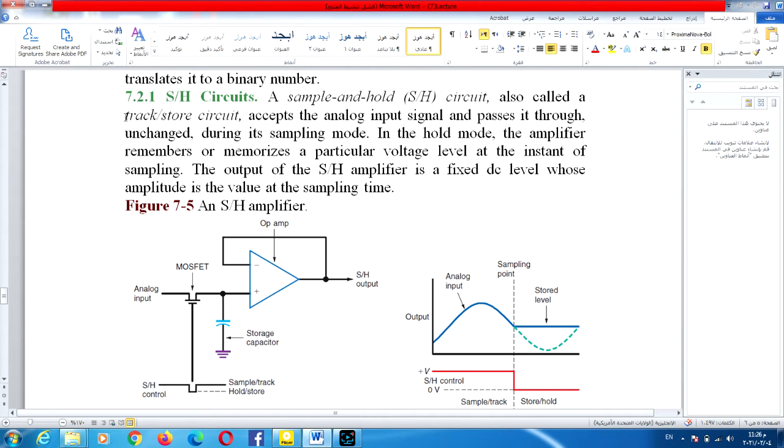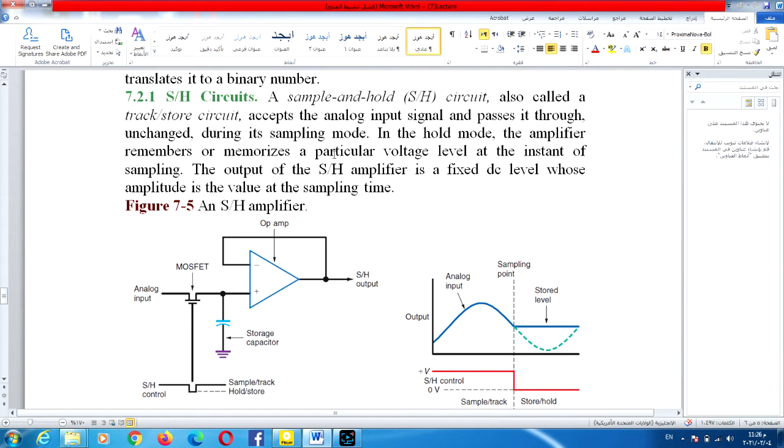It is sometimes called a track or store circuit. It accepts the analog input signal and passes it through unchanged during its sampling mode. In the hold mode, the amplifier remembers or memorizes the voltage level at the instant of sampling.